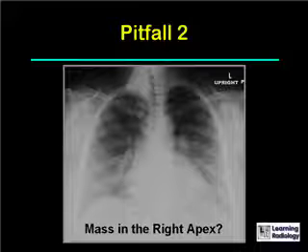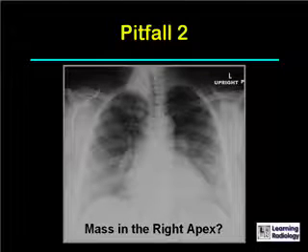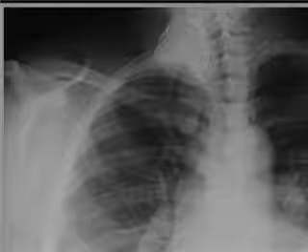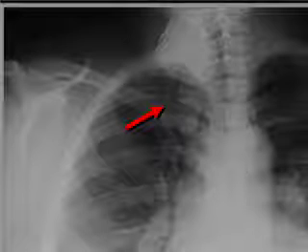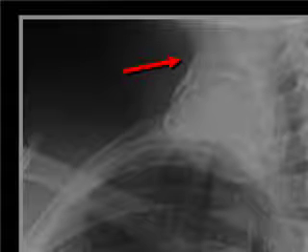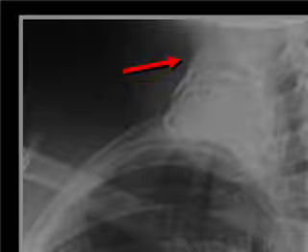Here's case number 2. The observer looked at this case and was questioning whether there was a mass in the right apex. What do you think? Well, if you look really closely at this so-called mass, you'll notice that at least part of it extends out of the thorax up into the neck. And this isn't a mass at all. This is actually an artifact.